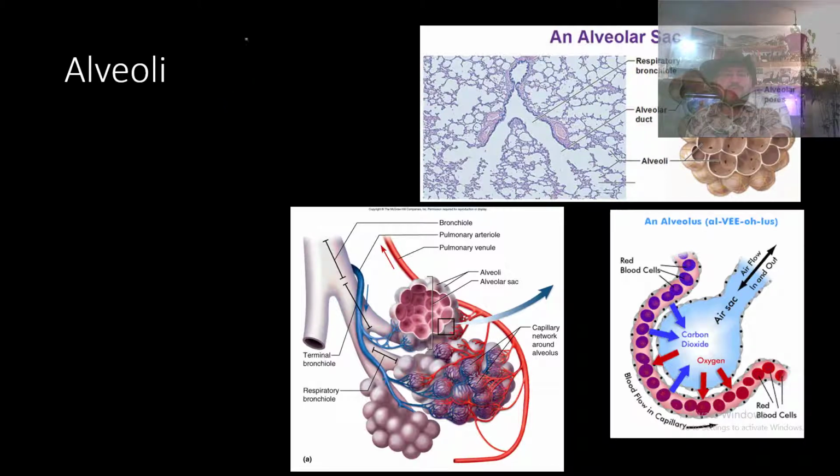So the alveoli, plural, alveolus, singular. Right? So the alveolus is this whole grape structure. It looks like a bunch of grapes. Entering into it is a little duct.